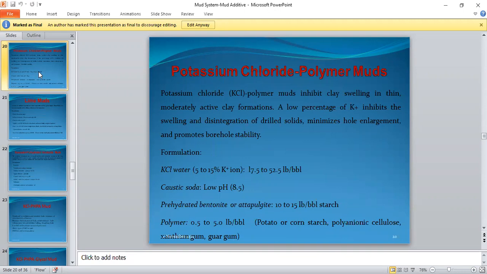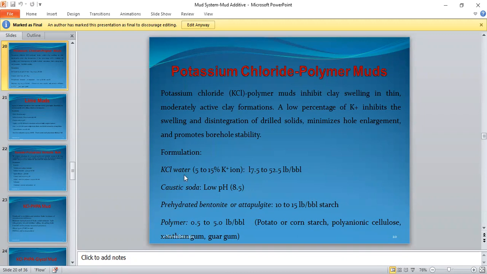It inhibits the clay from swelling. The K ion is the one that does this work. The K ion will displace the sodium ion in the formation clay and make it inactive. So you see the potassium water is there.